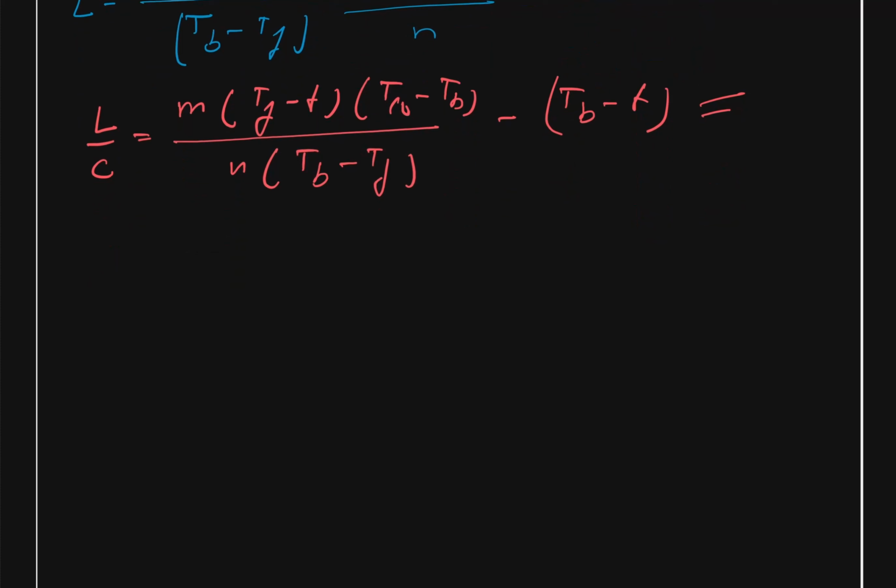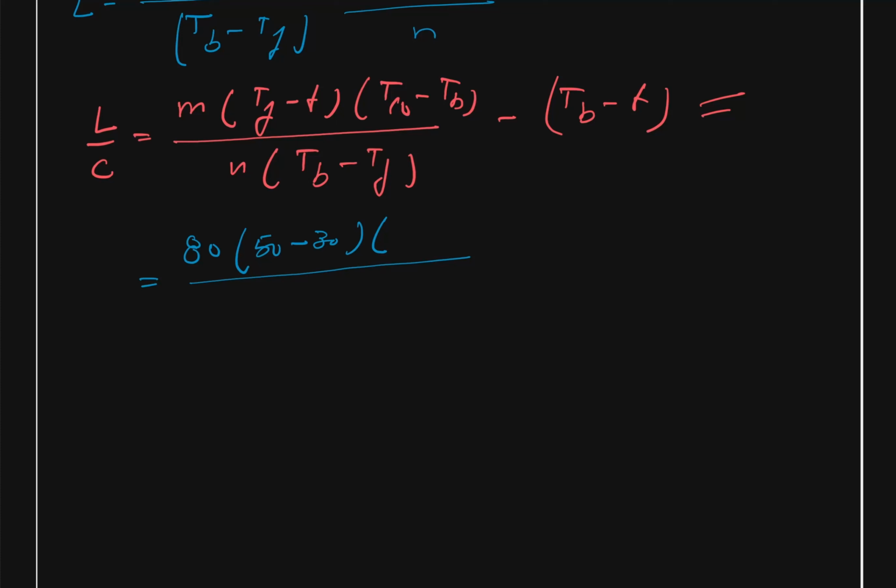We are given that a further 80 grams is added, and our TF is the final equilibrium temperature, which is again 50. T is the initial temperature of the liquid, and that is given to us as 30 degrees.